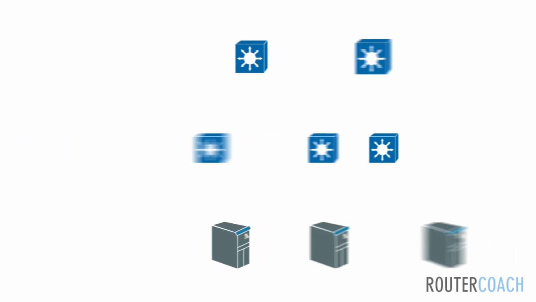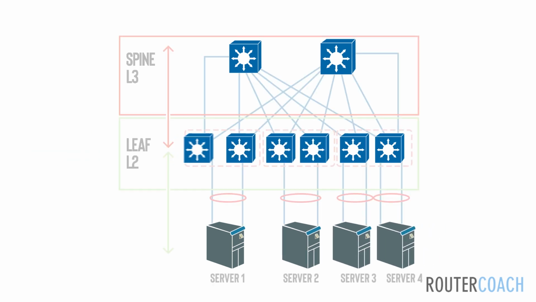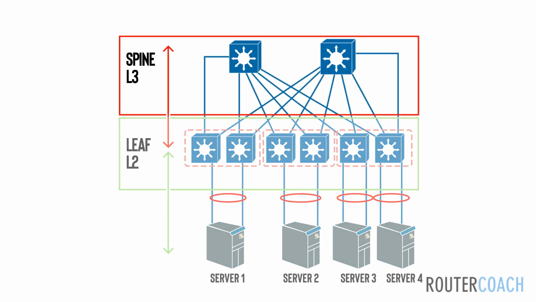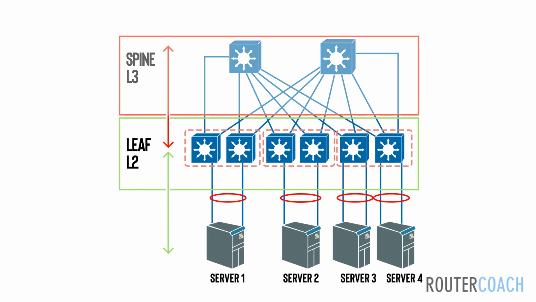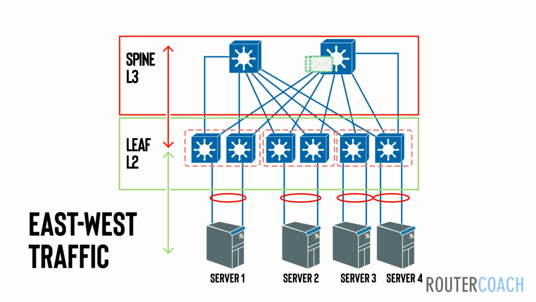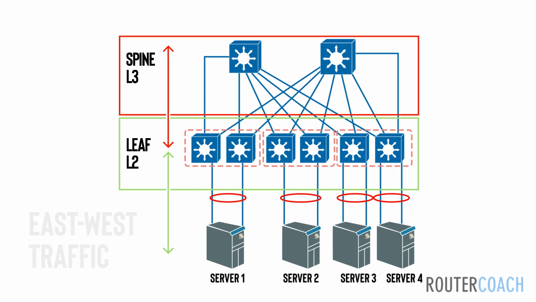The spine-leaf network topology uses two layers of switches. The spine layer is made up of high-performance switches, while the leaf layer is made up of access switches that the endpoints connect to. With the prevalence of east-west traffic, which is when traffic moves from server to server within the same data center, a spine-leaf topology is becoming more popular as it is more optimal than the traditional three-tier architecture as traffic goes through fewer hops.